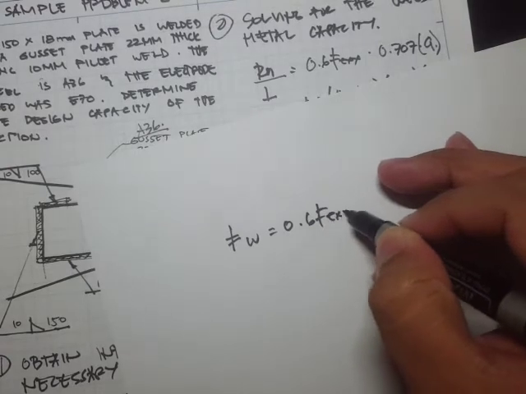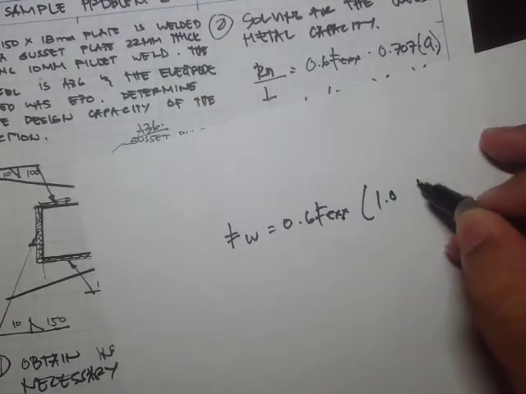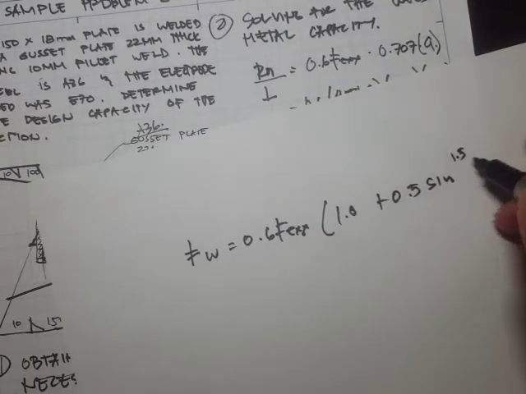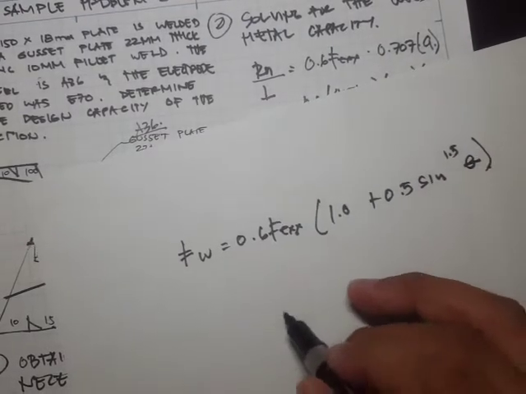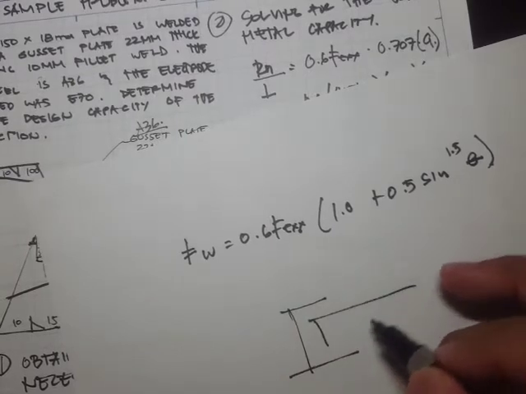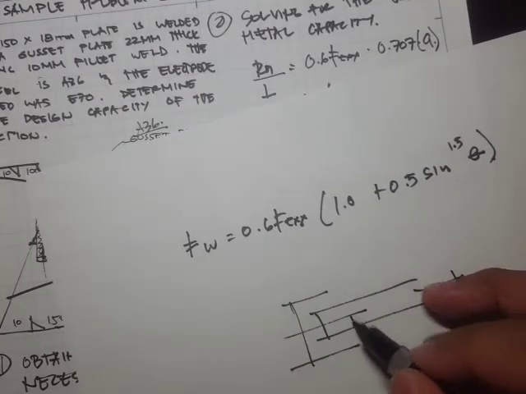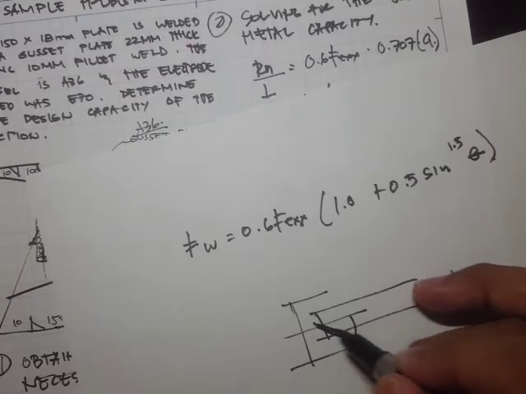0.6 FEXX times (1.0 plus 0.5 sine raised to 1.5 theta). That depends upon theta, which is measured from the weld length.